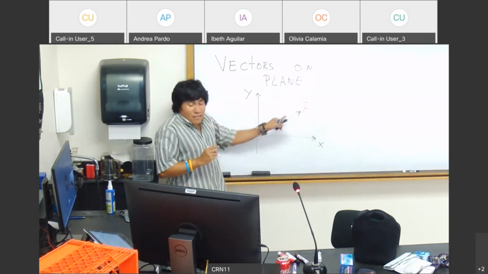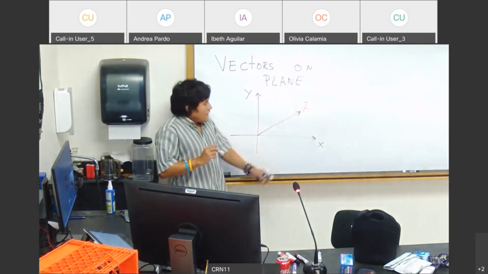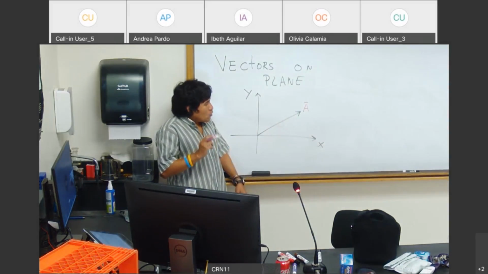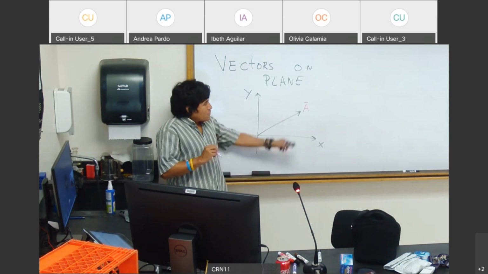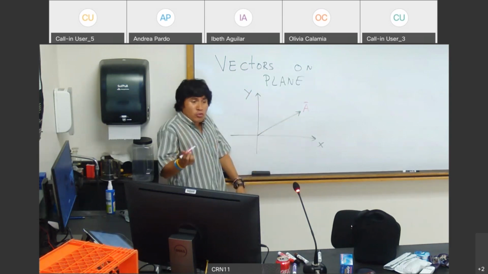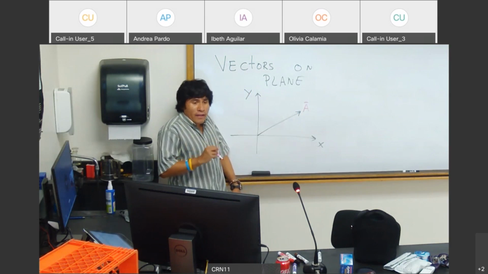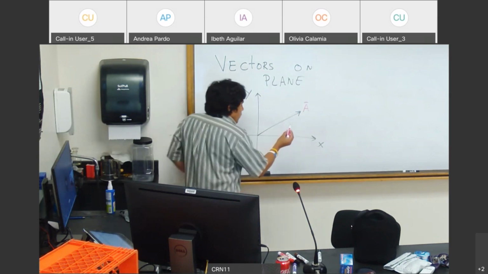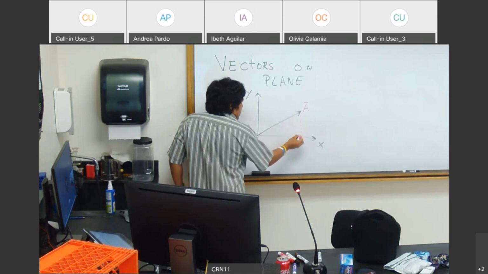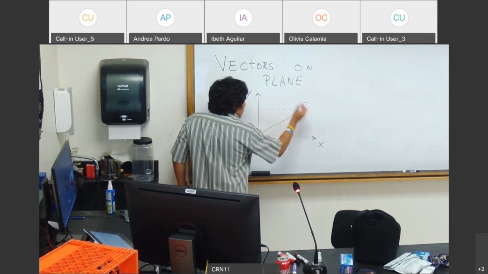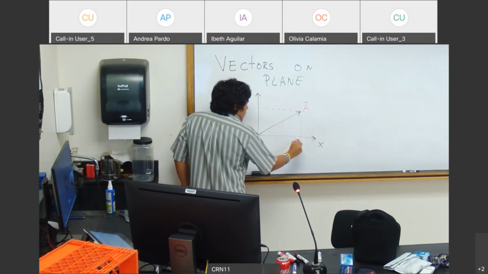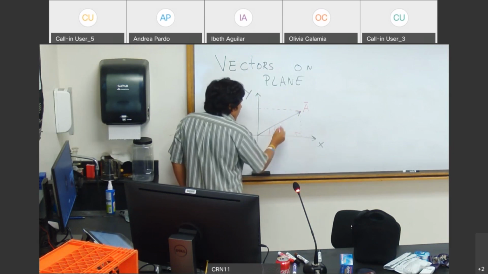When you have a vector like this, right, you have to find a way to express that vector in terms of x and y. And fortunately, there is already a way to do that. What we do is we draw this. We have here a right triangle.